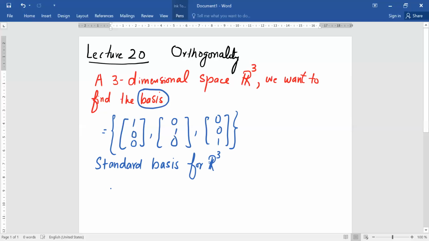So how will I make a linear combination? I will just take an arbitrary constant, C1 times 1, 0, 0 plus C2 times 0, 1, 0. And then I can make plus C3 times 0, 0, 1.